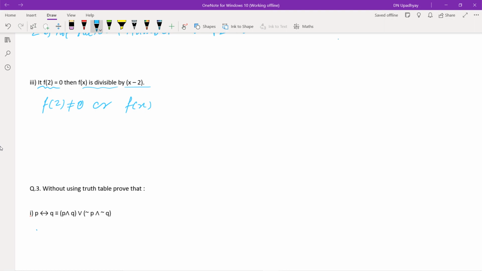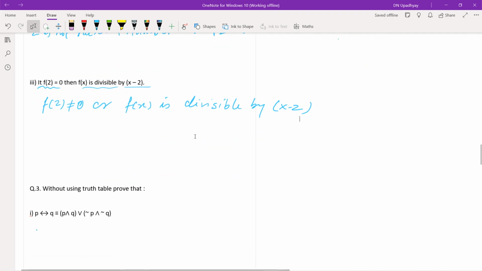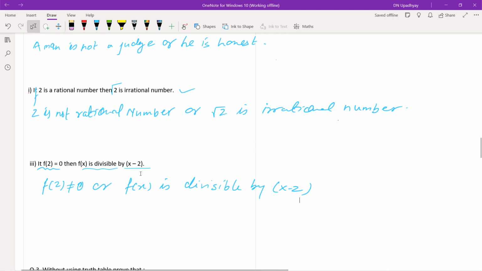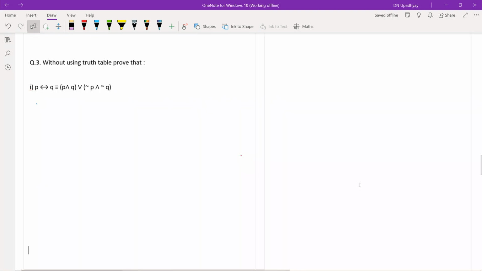F of 2 is not equal to 0, or f of x is divisible by x minus 2, right. As we did in the previous question, the first term we used with not, the second term as it is. Similarly, first term with negation, or and then second term as it is. Okay, moving to the next question.